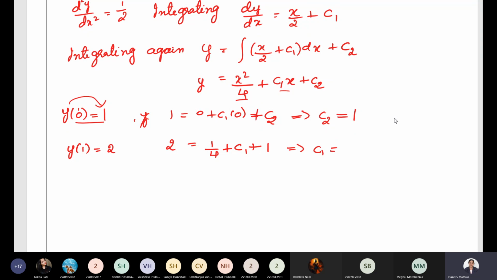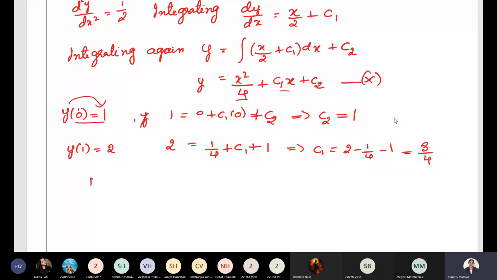What do we get? c1 will be, take the other terms, 2 minus 1 by 4 minus 1. So what is it? Is it 3 by 4? Yes, okay. Now let's substitute the value of c1 and c2.